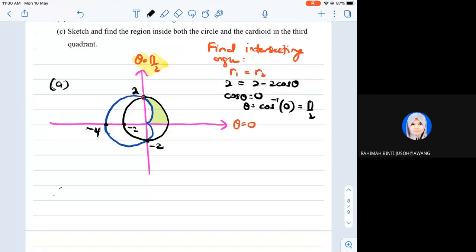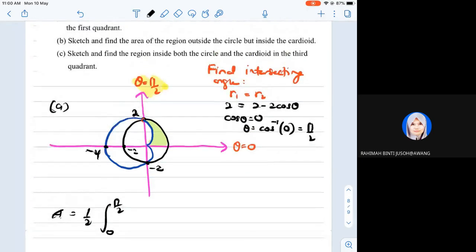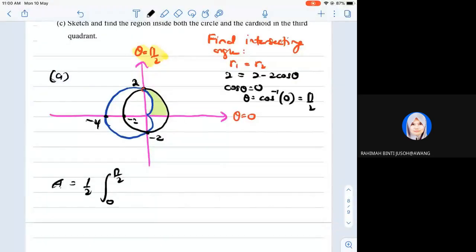So now area equals to 1 over 2. Okay, so the first quadrant should be 0 until pi over 2 lah. Okay, 0 until pi over 2. So now, kenapa 0 until pi over 2? Sebab dia kata first quadrant kan? Okay, what happened now? Which one minus which one?